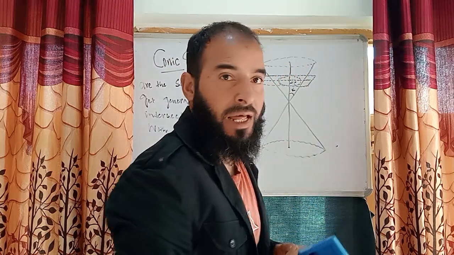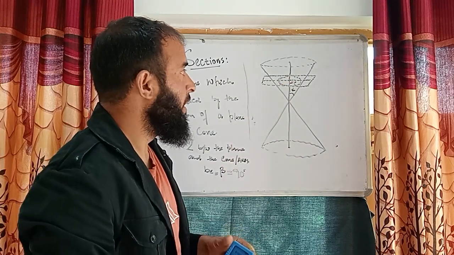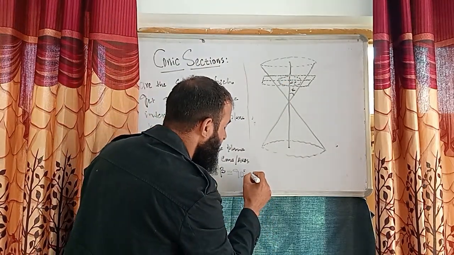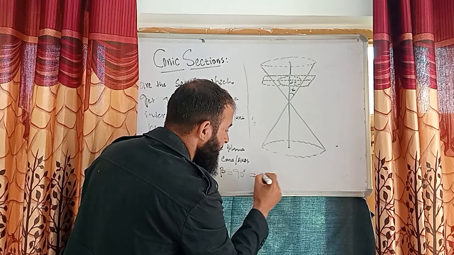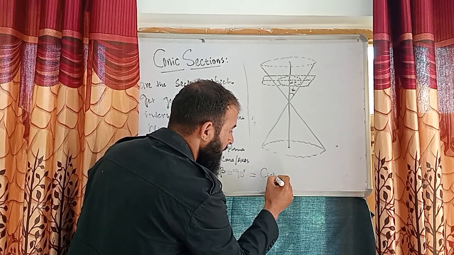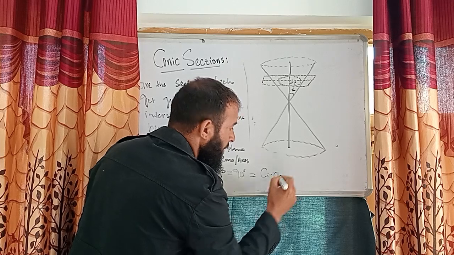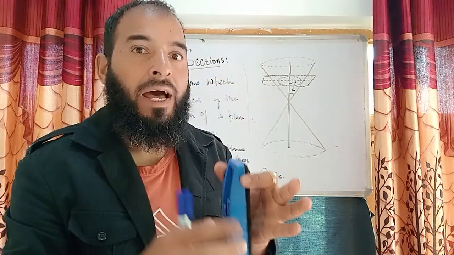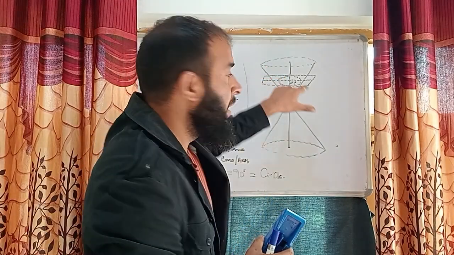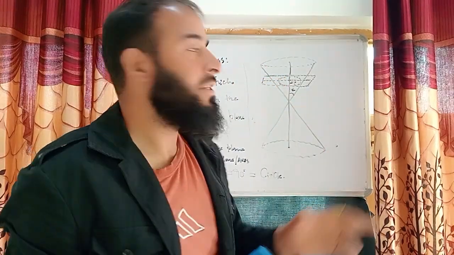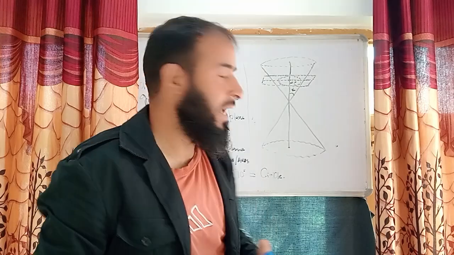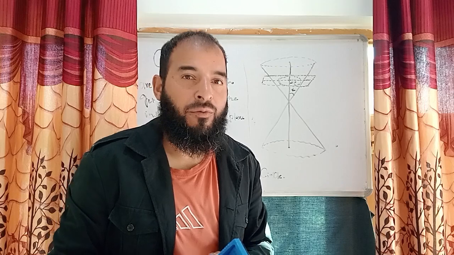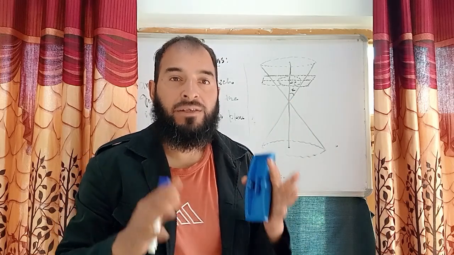At that time we get a circle. So when the plane cuts the cone at this 90-degree angle, that means when this beta is 90, the section of the cone we get is called a circle.